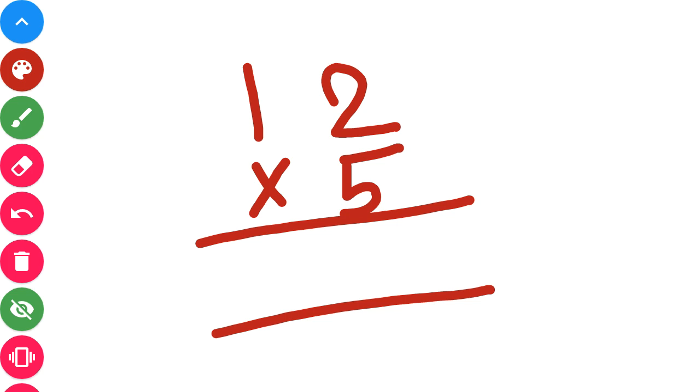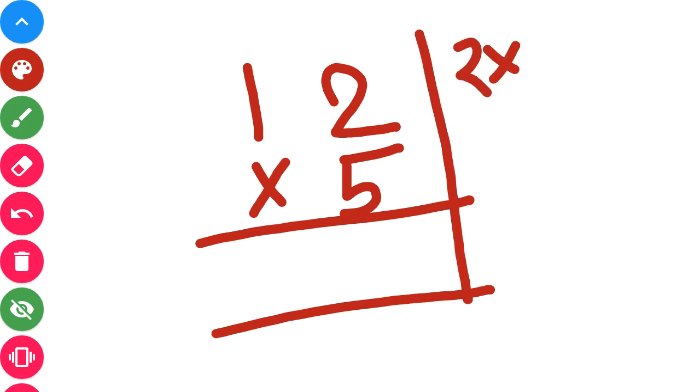So 12 into 5. So 2 into 5. 2 5s are, count the table after me. 2 1s are 2. 2 2s are 4. 2 3s are 6. 2 4s are 8. And 2 5s are 10.